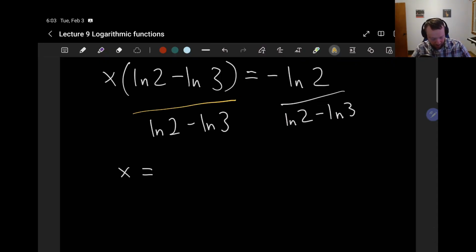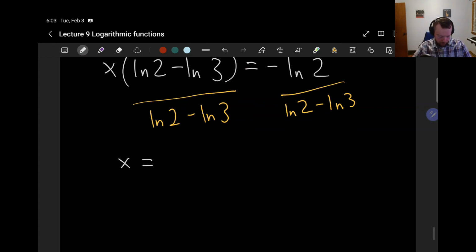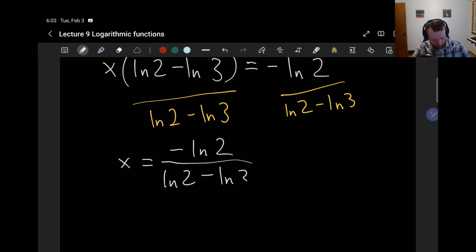Oh, I like to highlight my algebra steps. There we go. That's a nasty complicated number, but still just a number.